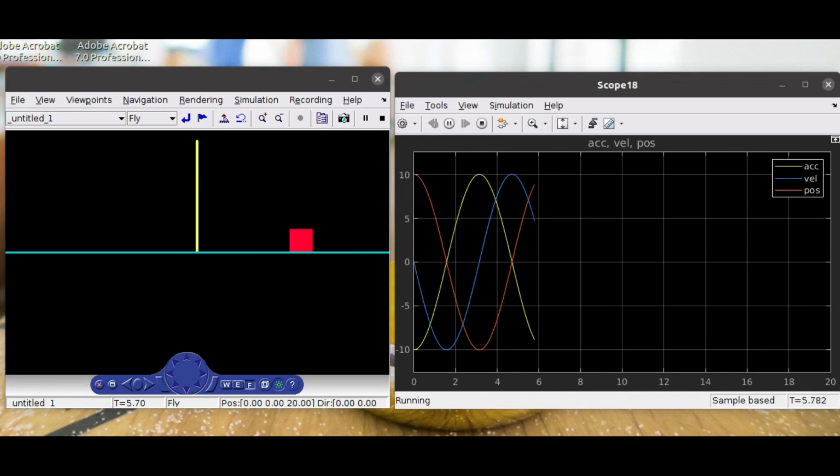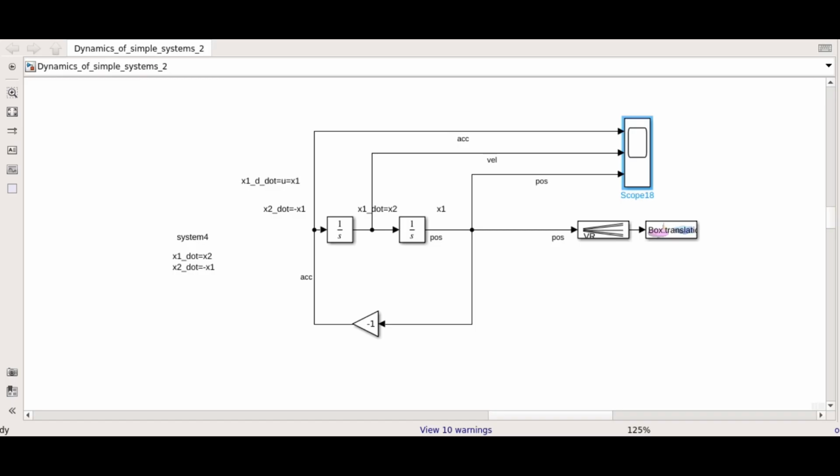So, even with this strategy, we are not able to achieve our objective. Even though it didn't work out, we noticed one thing: because x2 dot equal to minus x1, because the force was always negative of position, we could bring force and position to zero, but we couldn't bring the velocity to zero.